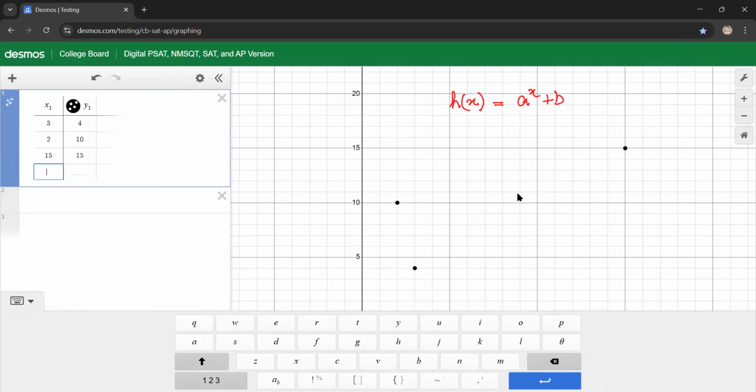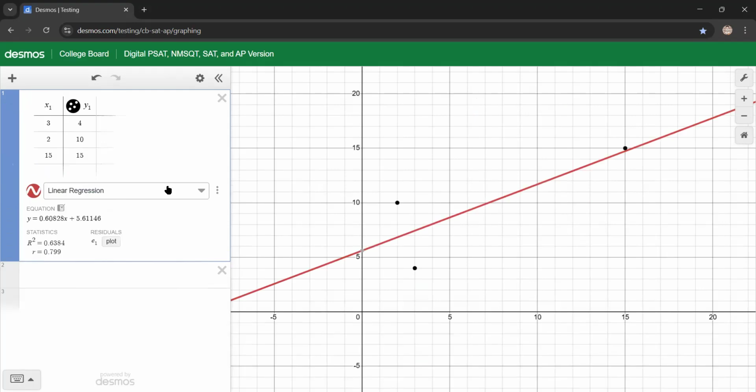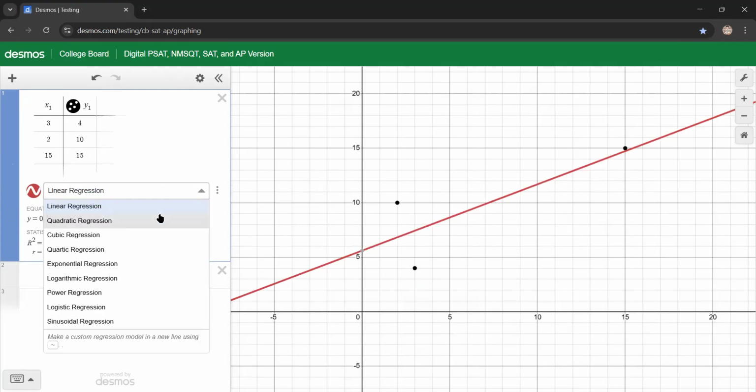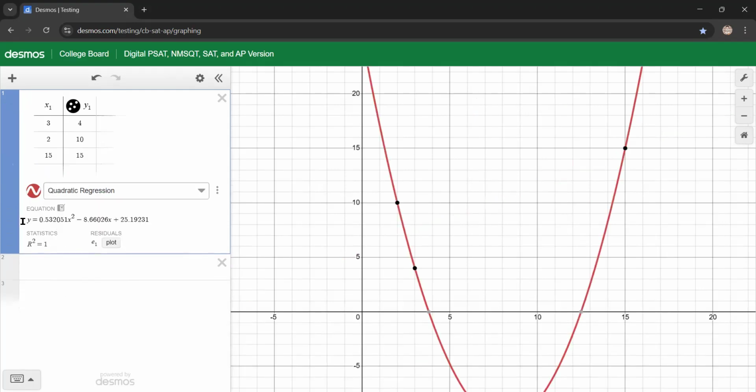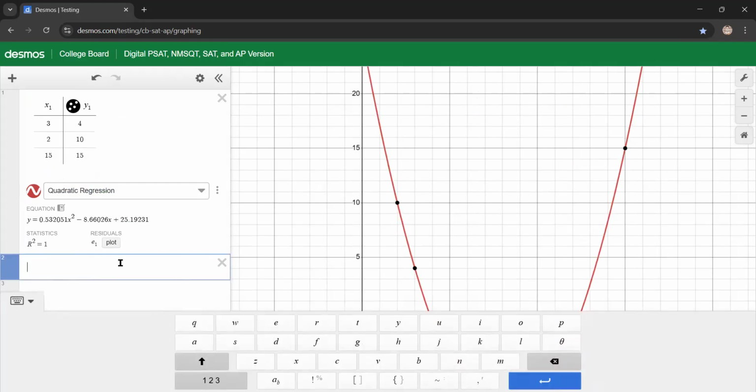Let's go to quadratic regression again. So I'll do a quadratic regression here. Add regression, quadratic regression. Now what did it do? It gave me a quadratic equation in standard form. Now I do not want it in standard form. I want vertex form. I need to write the vertex form, okay?